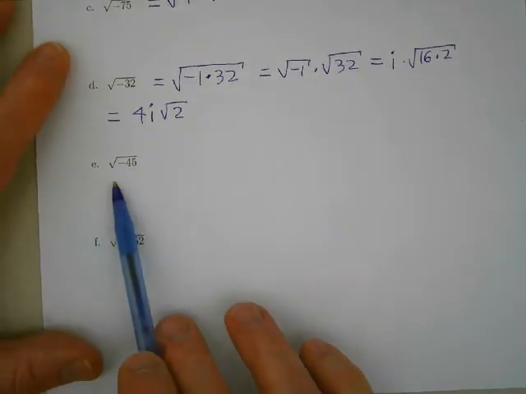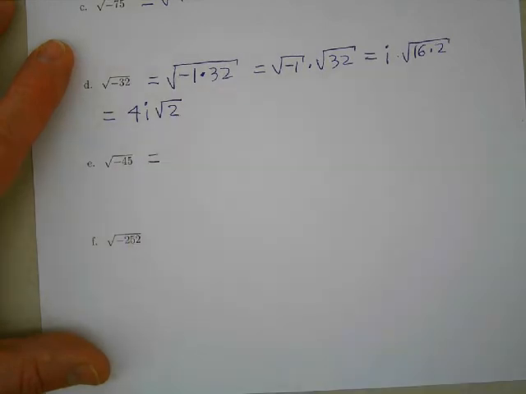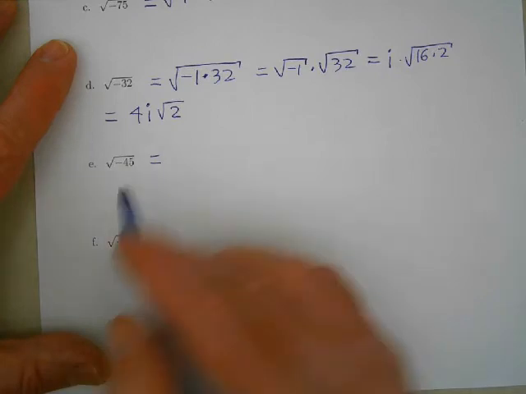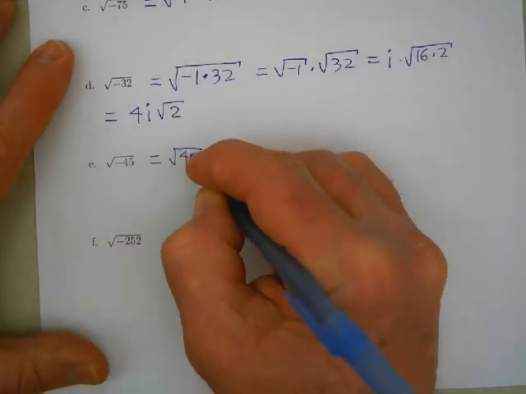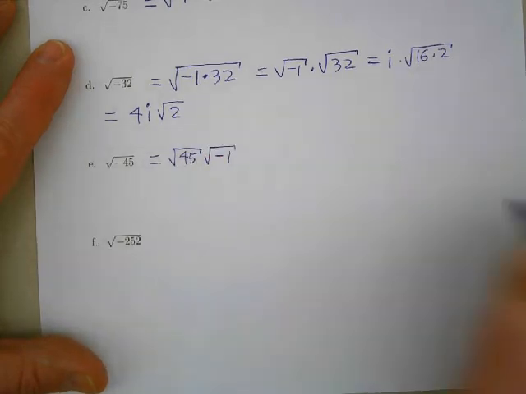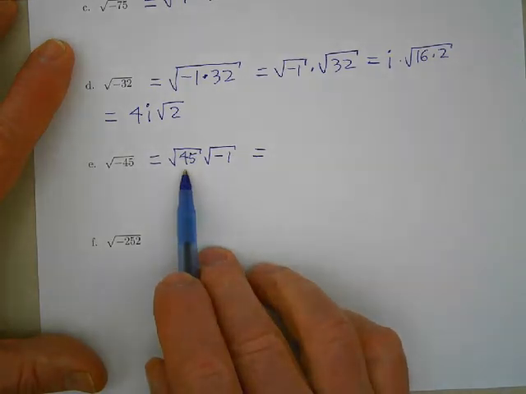The square root of negative 45. Well, I'll do this one a little bit differently. Think of this as the square root of 45 times the square root of negative 1. And then the largest factor of 45 that's a perfect square is 9. 9 times 5 is 45.